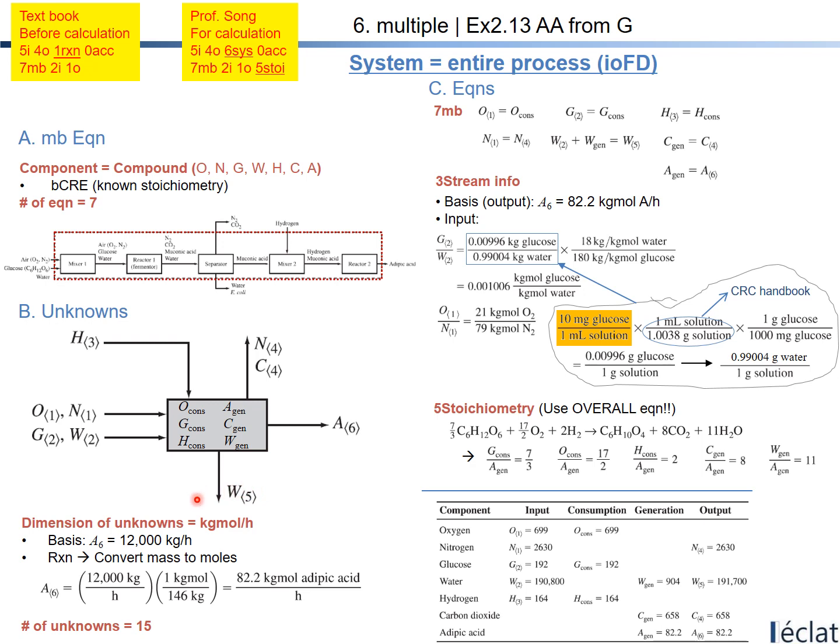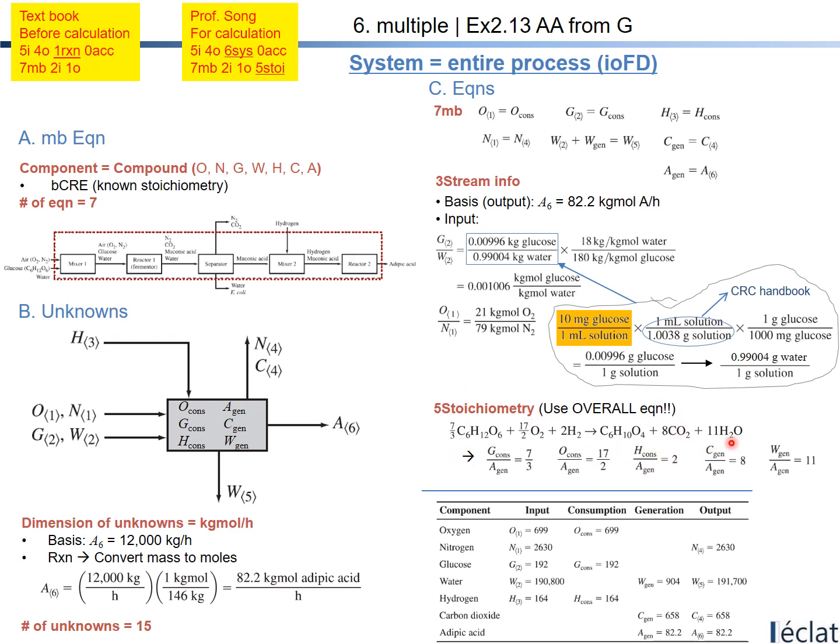Right now we have 5 input variables and 4 output variables. And we actually have two reactions: one for reactor 1 and the second for reactor 2. However, after we have taken the entire process as a single system, what we need is the overall reaction.